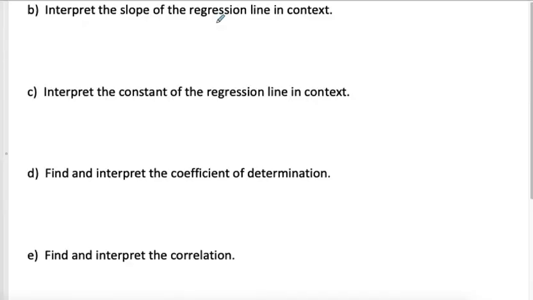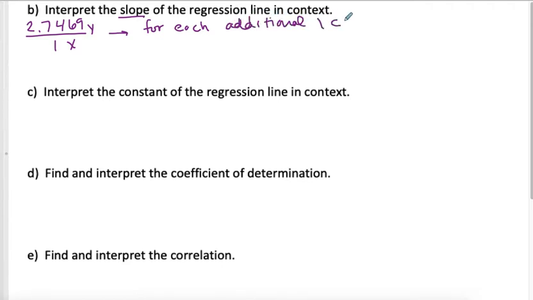So on part B, again, this is just interpreting and knowing those things that they're asking here. So what does that slope represent? So we have a slope of 2.7469, and if I put that over 1, here's my rise over run. I can interpret that as for each additional 1 centimeter of foot length, okay, there's addressing my x value on the bottom.